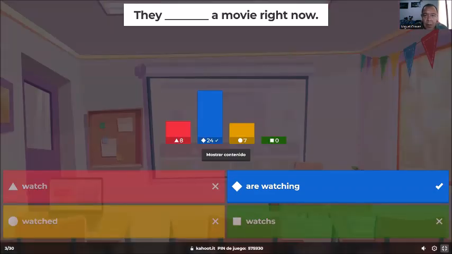They are watching a movie right now. Again, the expression right now shows us what is the correct tense.